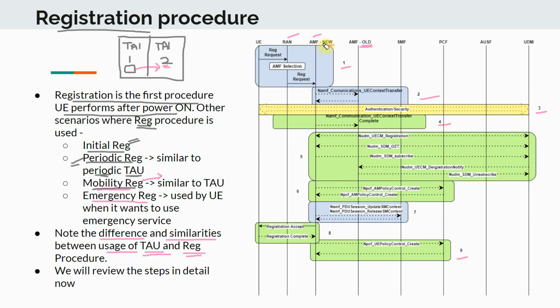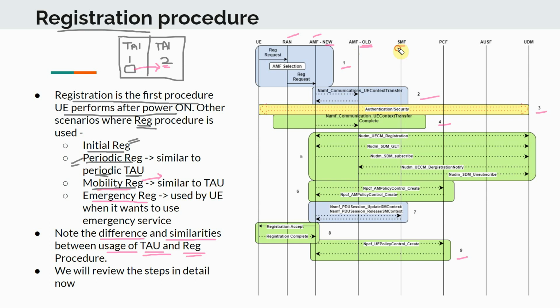Say in the scenario where the user is coming into a coverage which is served by the new AMF and is no longer served by an old AMF, you will see both these entities. We talked about this in the services section, where we discussed the different service operations specific to AMF.